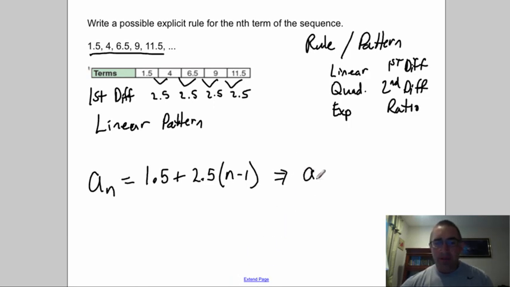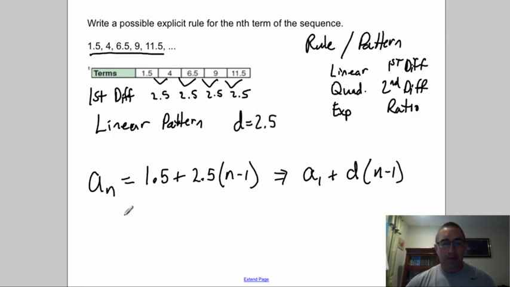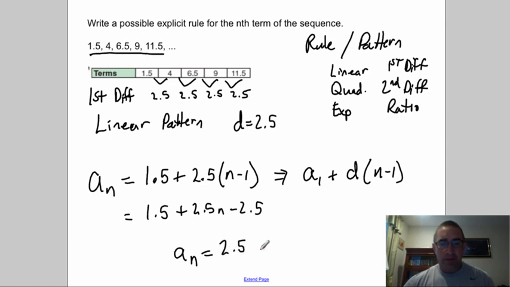I took a sub 1 plus the difference times n minus 1. And in this case, the difference is 2.5. So what I'm going to do to finish up is I'm going to do the distributive property, 2.5n minus 2.5, and get my final formula, 2.5n minus 1. And there you go.